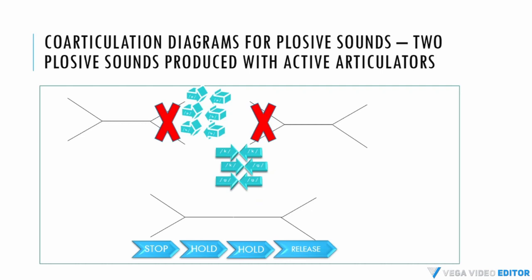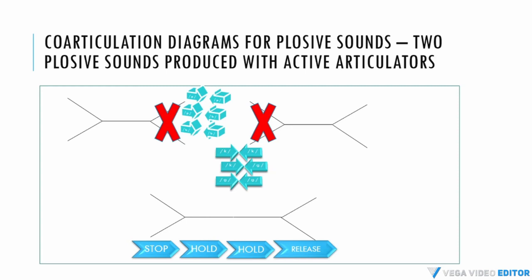So this is what happens when you have two plosive sounds and both are produced with active articulators. Remember, that will be the case of p or the case of k. In the case of p, we have both lips, the upper and lower lip, and in the case of k, we have the back part of the tongue together with the soft palate.